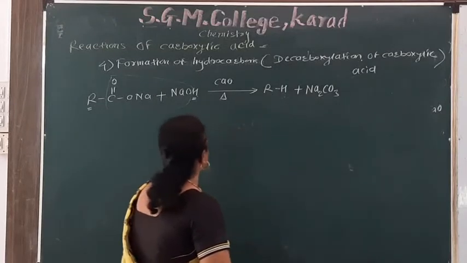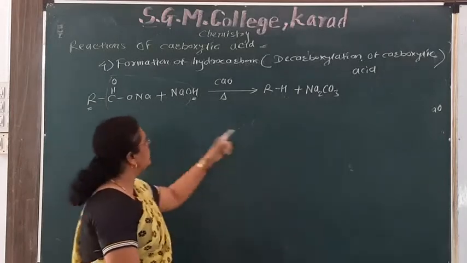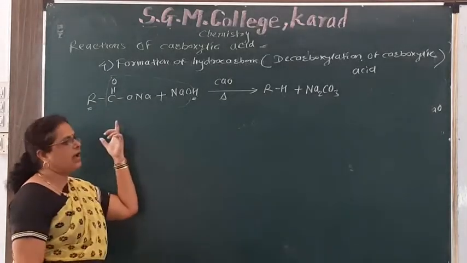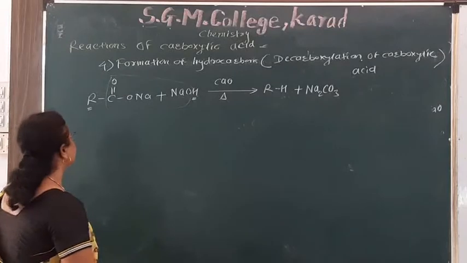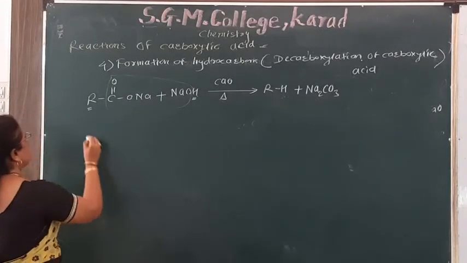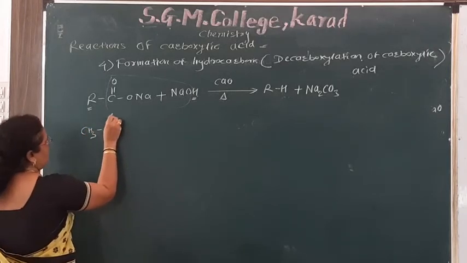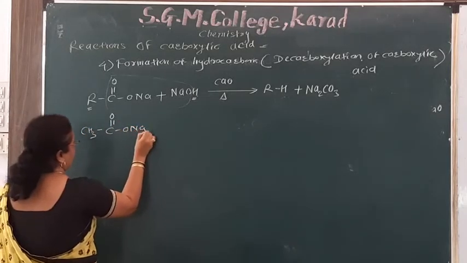In this reaction, one carbon atom is lost compared to its corresponding carboxylic acid. For example, take sodium acetate, CH3COONa.